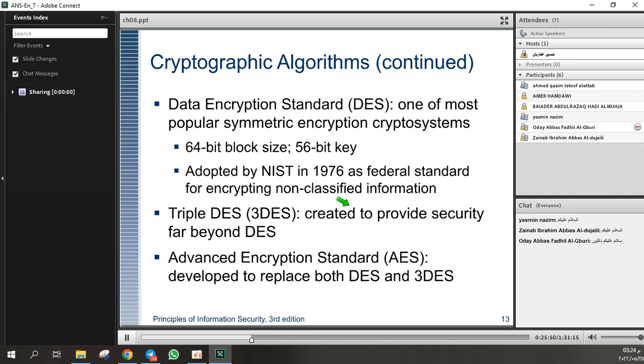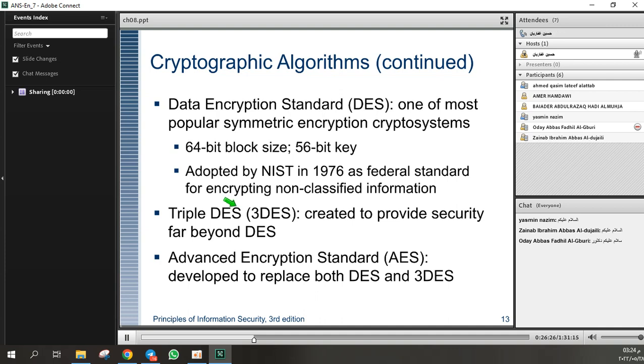With 3 different keys, but we can use Triple DES with 2 keys too. At the first round, we are using key number 1. At the second round, we are using key number 2. And at the third round, again, we are using key number 1. Okay? So when we are using Triple DES, we can use 2 or 3 keys like this.